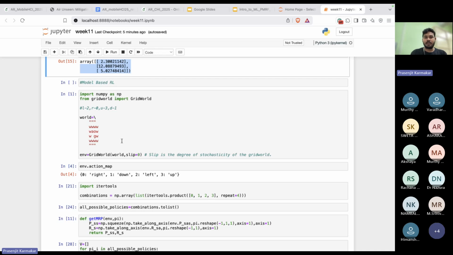So you can think of your transition matrix to be S cross A cross S: number of states cross number of actions cross number of states. This is the transition probability matrix. And your reward matrix is S cross A. So it depends on the current state and which action you took, right? Based on the formulation, it can also consider the next state. So the reward can also be S A S prime. Okay.